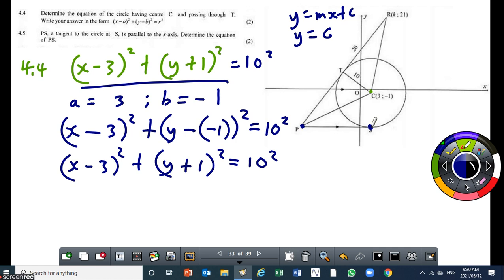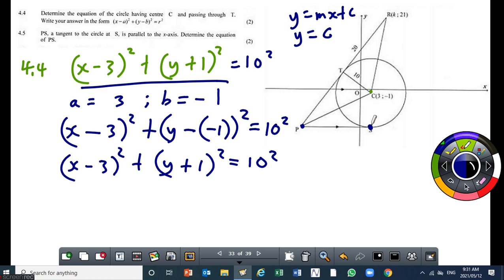Do we know the value of x at this point? What is the value of x at the point of contact here? I hope you are aware that if PS is a tangent, it means it's perpendicular to the radius.